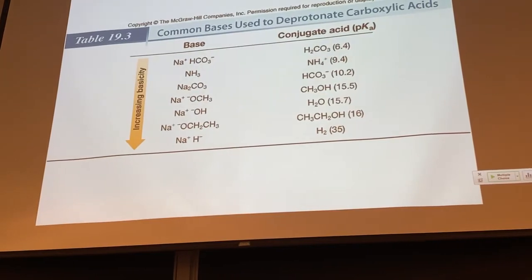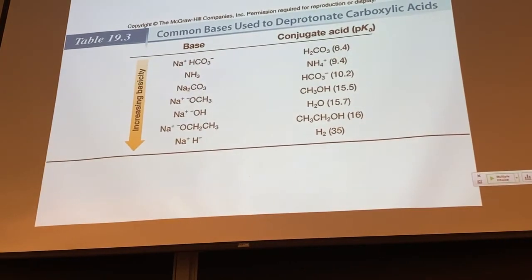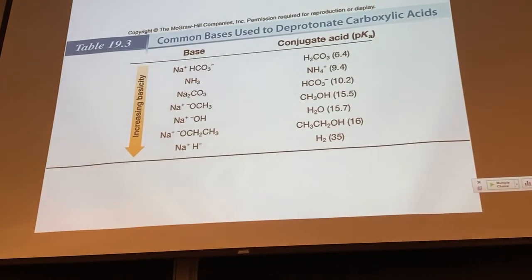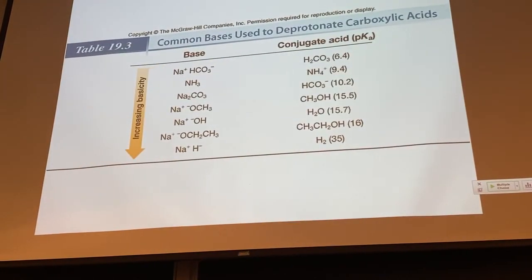Ammonia, as well as some other amines with alkyl groups attached to a nitrogen, are also fairly widely used as ways of deprotonating carboxylic acids.